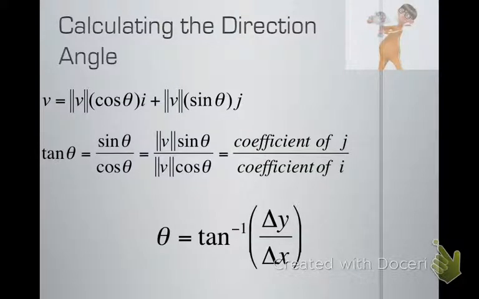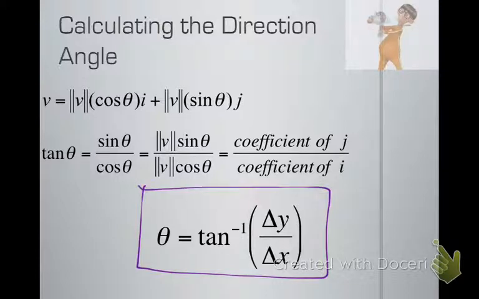Here's a really complicated way of talking about how to calculate the angle. I'm going to recommend you write down this part, but you'll see this other kind of stuff in textbooks. So if v is equal to the magnitude of v times cosine theta i plus magnitude sine theta j, we kind of have to work backwards, where we realize that tangent would be sine over cosine, and then the magnitudes cancel out.